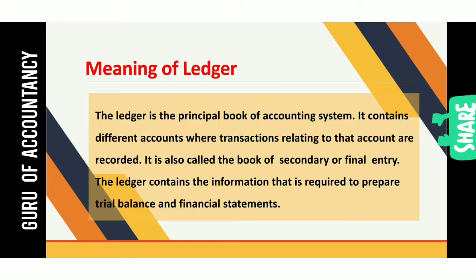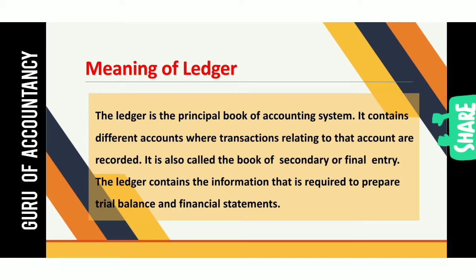First, what is ledger? Ledger is the principal book of accounting system. It contains different accounts where transactions relating to that particular account are recorded. Rather, it is posted. It is also called the book of secondary or final entry.